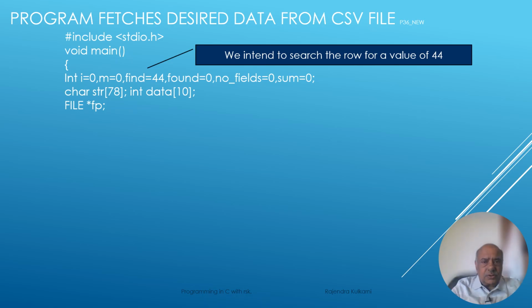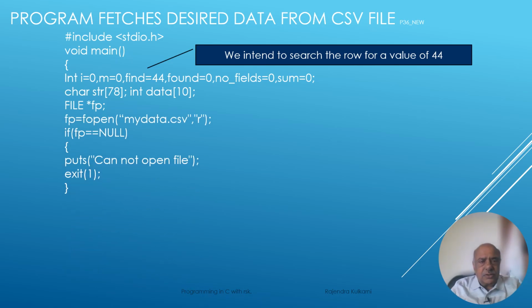We intend to search the row for a value of 44. That is, this 44, I have taken some arbitrary number which is available in the file. You can put anything there. Then we open the file mydata.csv with the function fopen. It has two parameters.